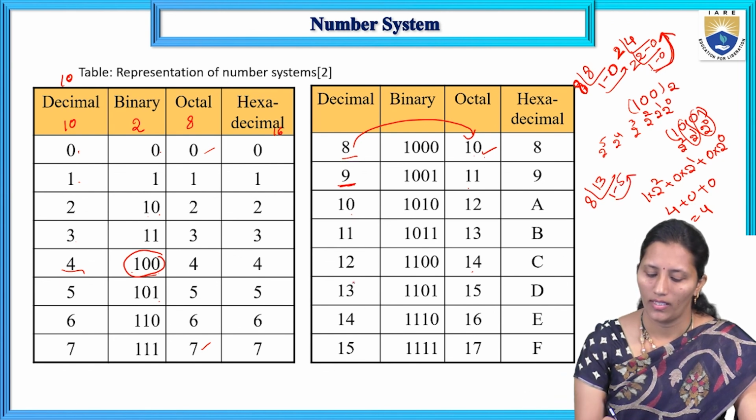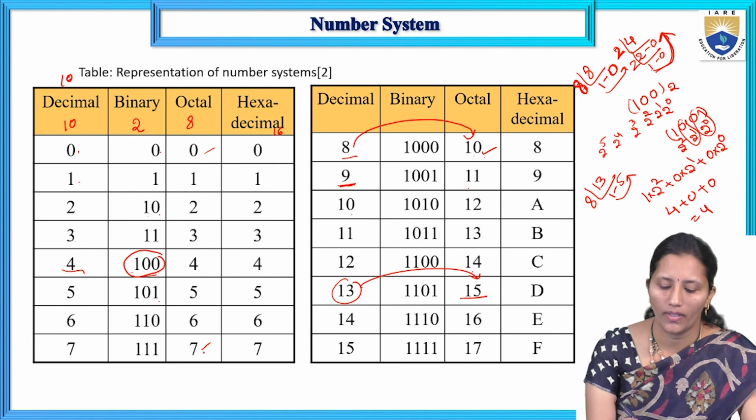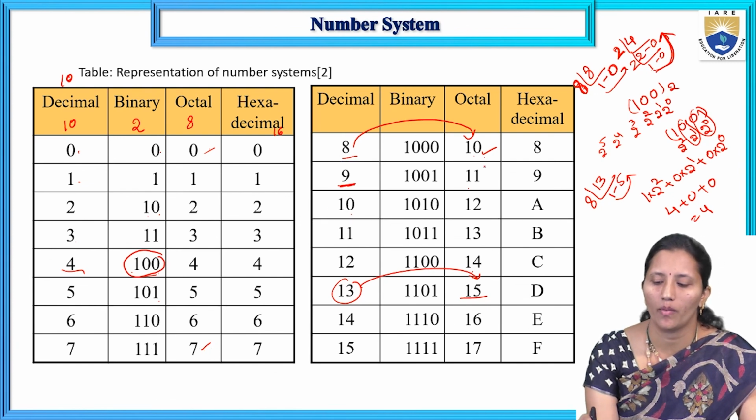So, 13 is represented by 1, 5 in the octal number. Okay. So, from 0 to 7 we will use the numbers in the octal number system. After 7, the 8 will be 10, 9 will be 11, 10 is 12, 11 is 13, 12 is 14, 13 is 15, 14 is 16, 15 is 17.